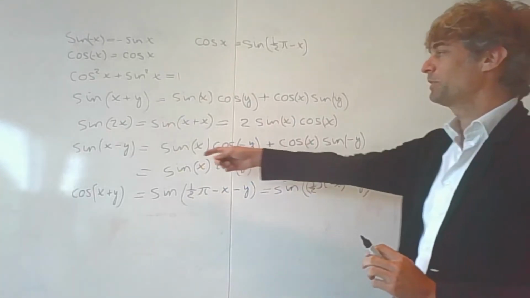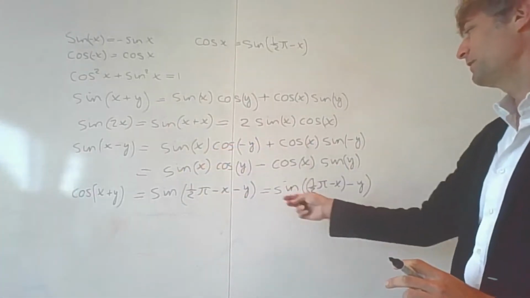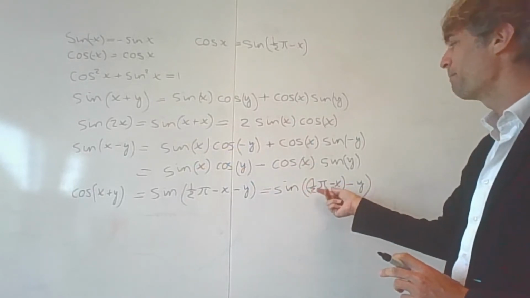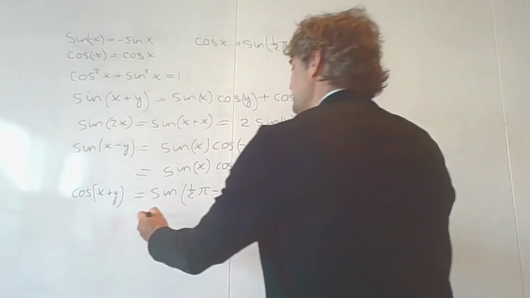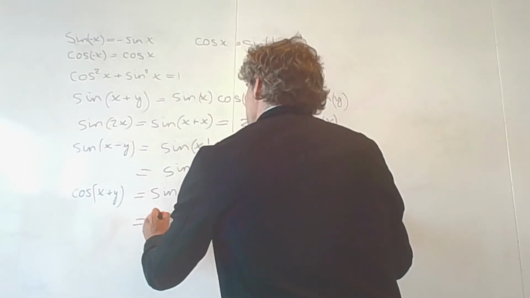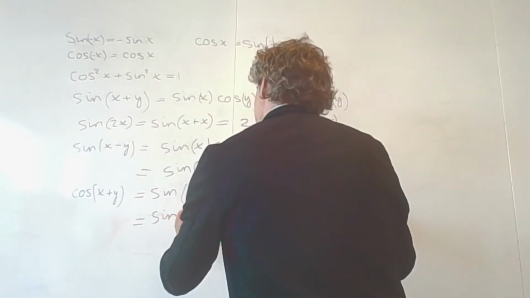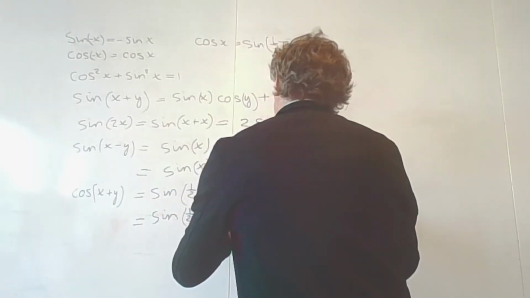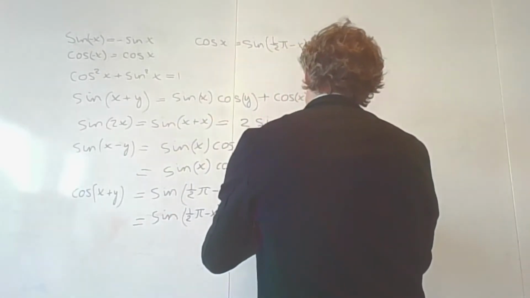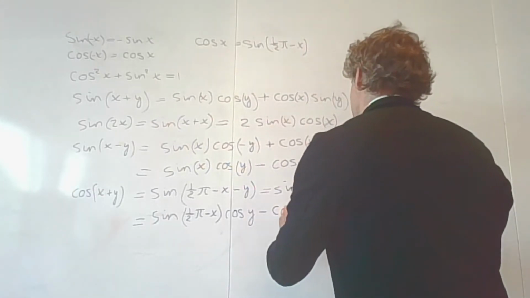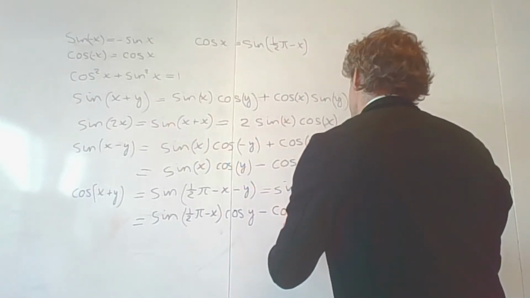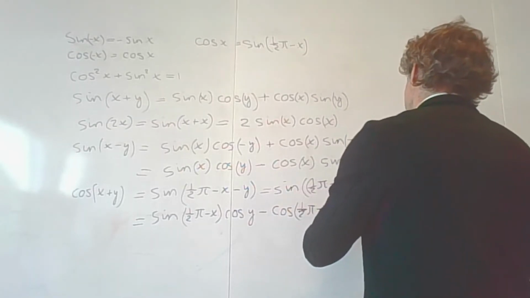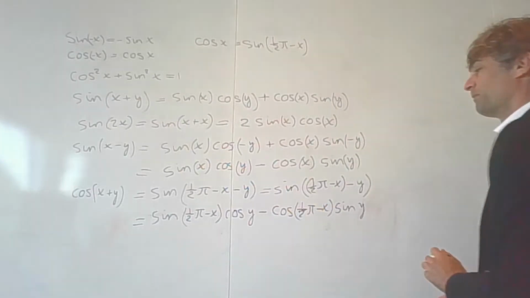And then we can use the formula that we just wrote here, and instead of x, we use half pi minus x. So what I get is the sine of half pi minus x times cosine of y minus cosine of half pi minus x times the sine of y.